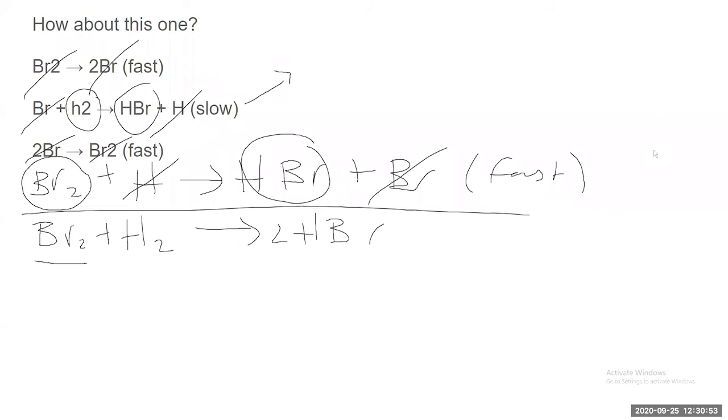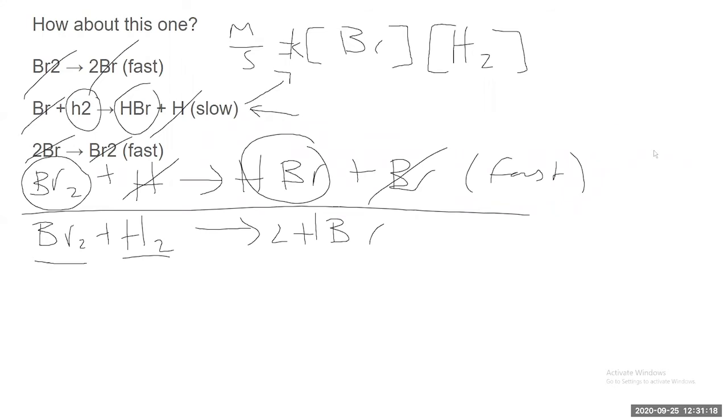We know that Br2 and H2 are our only reactants. Now according to our slow mechanism, our rate law can be written as k times the concentration of Br, and also times H2.